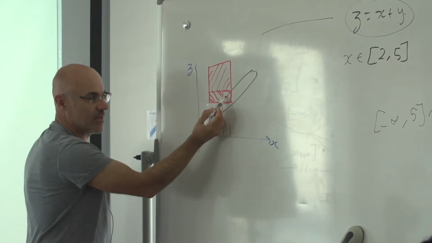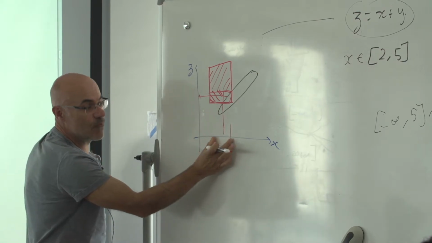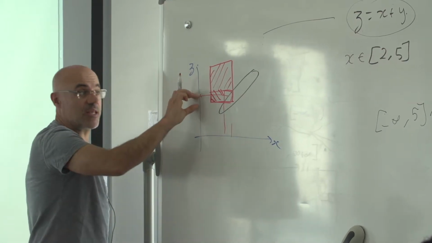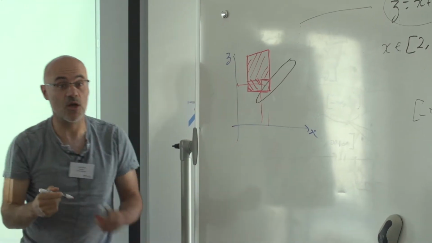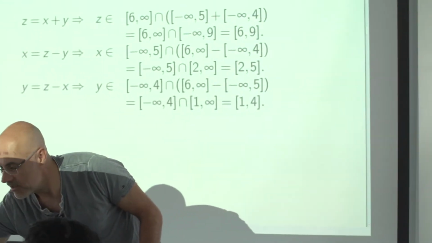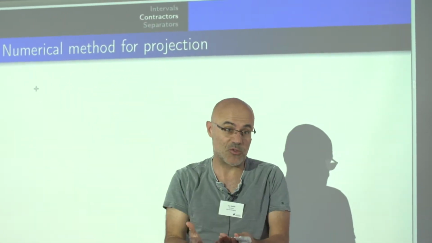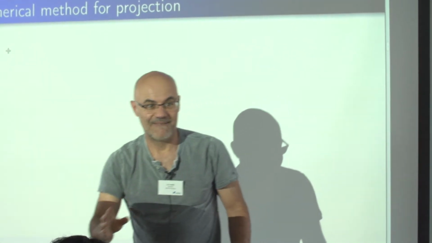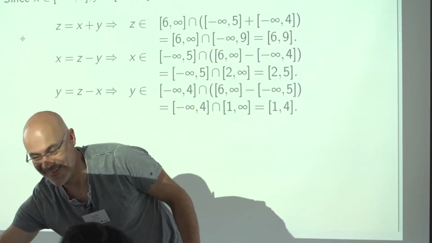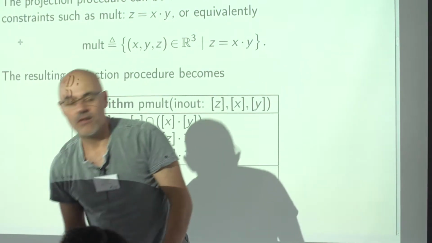If I take this one, and if I project again with respect to Z, even if I improve this result, it will not improve here, because it is minimal since I have computed the exact projection. And it's why we call it a numerical method for projection. When you compute the projection, it is the exact projection. Good. It's important to understand this kind of thing.